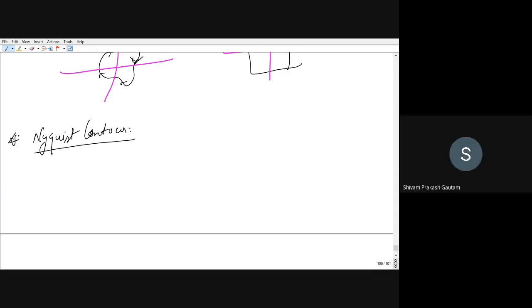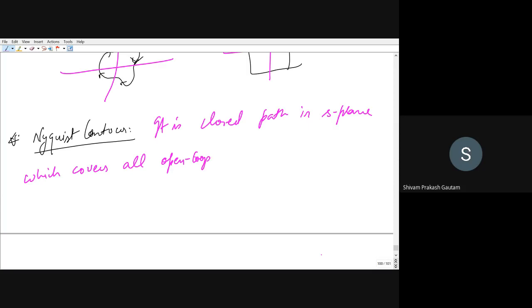Yes, sir. Okay. So what is Nyquist contour? It is a closed path in S plane which covers all open loop poles in the right hand side of S plane.